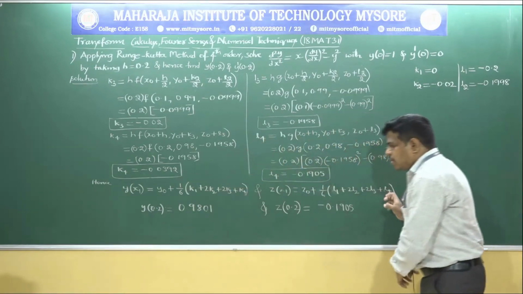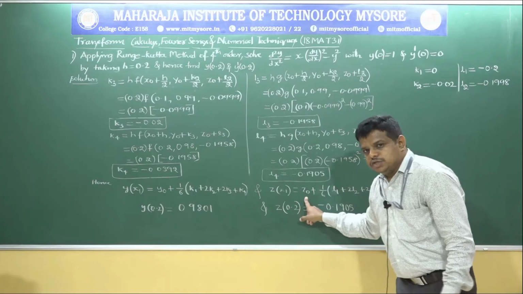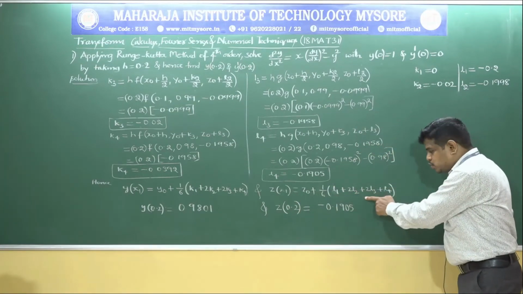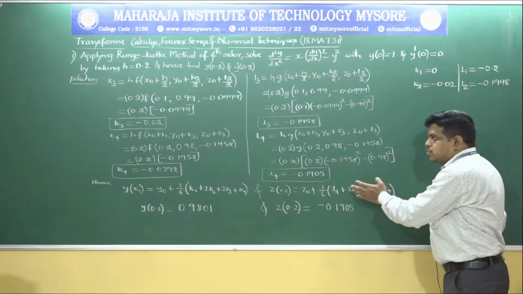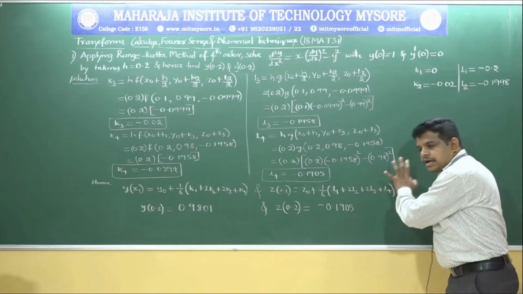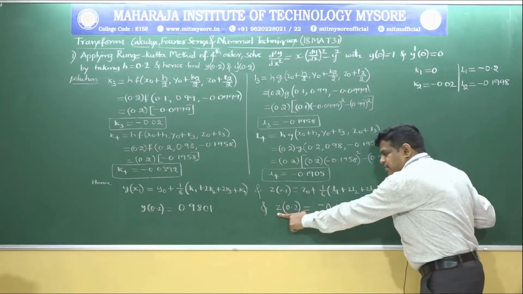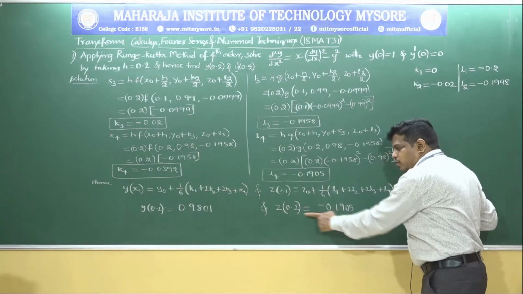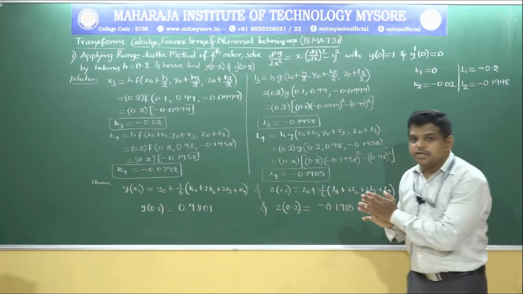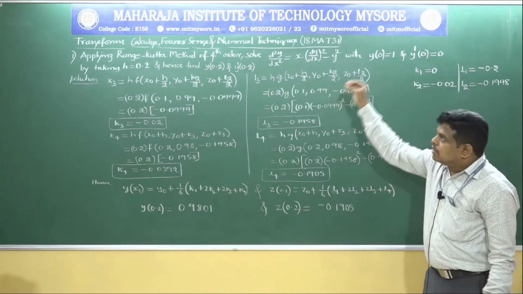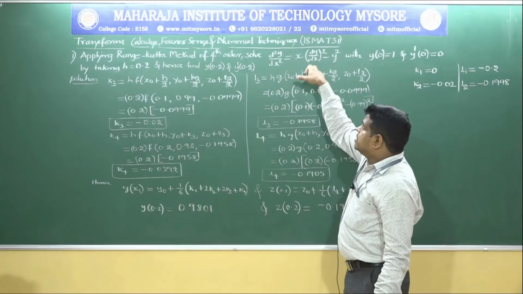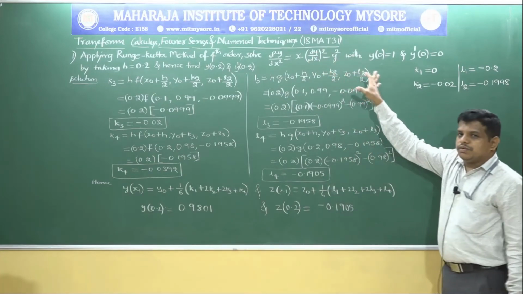Next, again we have another formula, that is z of x1 equals z0 plus 1 by 6 L1 plus 2L2 plus 2L3 plus L4. Next, I am substituting all the values of L1, L2, L3 and L4 here and simplifying this, we end up with z of 0.2 equals minus 0.1905. This is the required solution of the given RK method for solving the differential equation d square y by dx square equals x into dy by dx whole square minus y square.